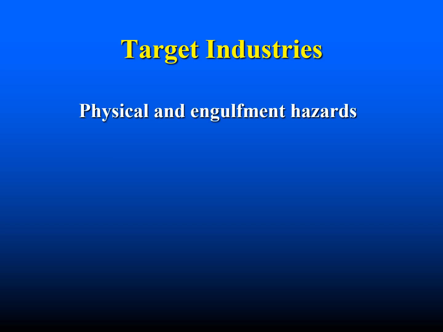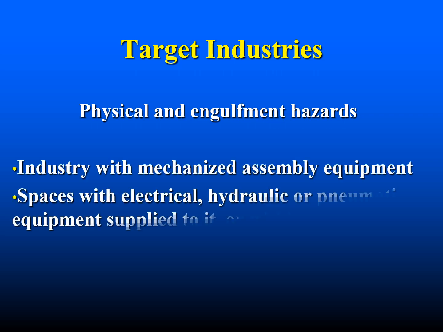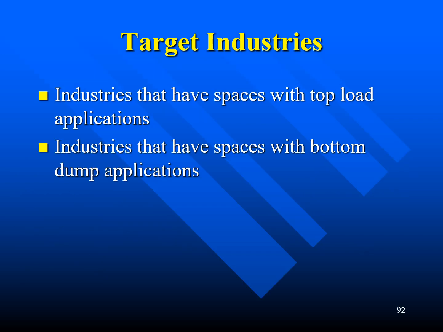Physical and engulfment hazards are located in industries with mechanized assembly equipment, spaces with electrical, hydraulic, or pneumatic equipment supplied to it or within it, grain or particulate matter production or processing, industries that have spaces with top load applications, and industries that have spaces with bottom dump applications. All of these types of industries are considered target industries and have been identified by the authority having jurisdiction through their pre-planning process.